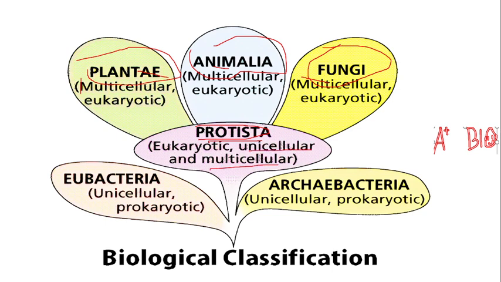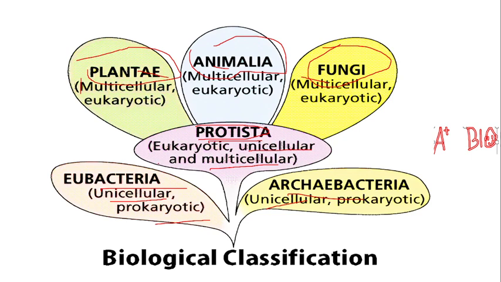So we talk about just Plantae, Animalia, and Fungi. All of them are multicellular and eukaryotes. So remember, when we say bacteria or Archaea, all of them are unicellular and prokaryotes.